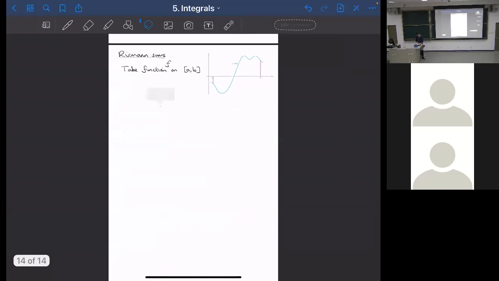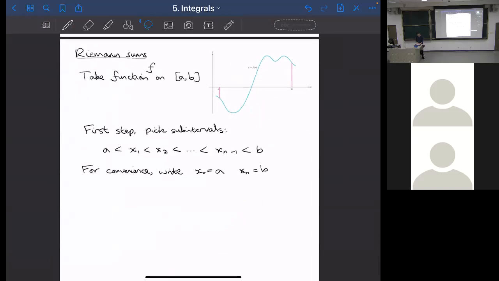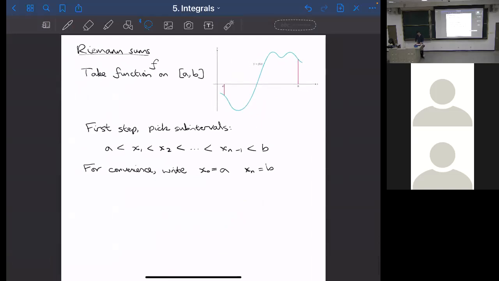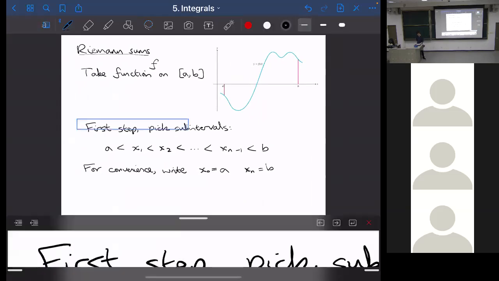The first step of the construction is to pick sub-intervals. So I pick some numbers between a and b. I'm calling them x1 up to x_{n-1}. And the ends of the interval, a and b, I'm calling x0 and xn.